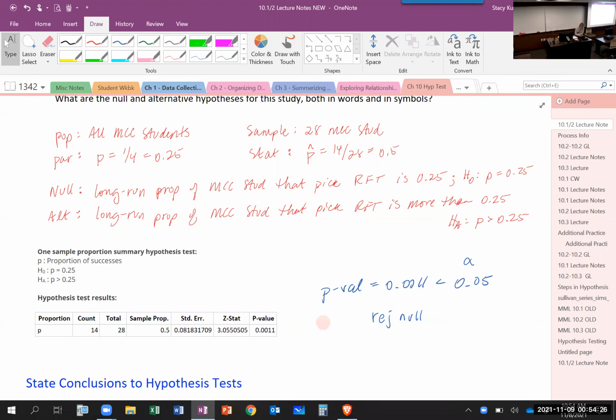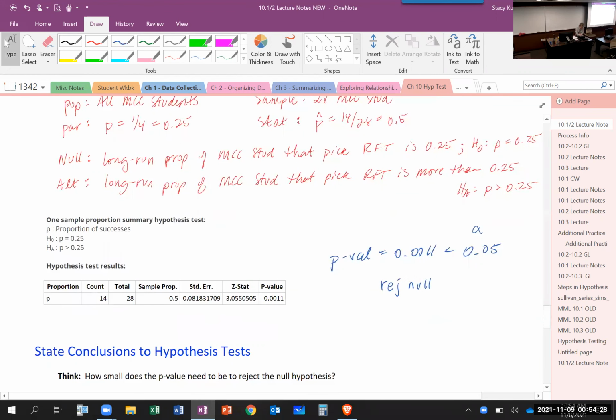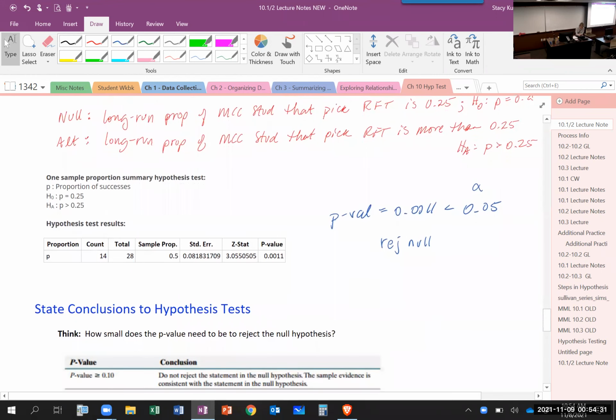Now, some of this other information in here, just to help you understand where it comes from. So this standard error right here is actually the standard deviation of our sample mean, right? Remember when we had the formula, the square root of p(1 minus p) over n?